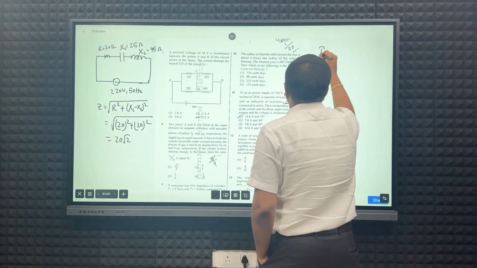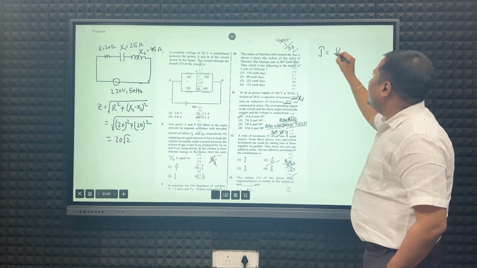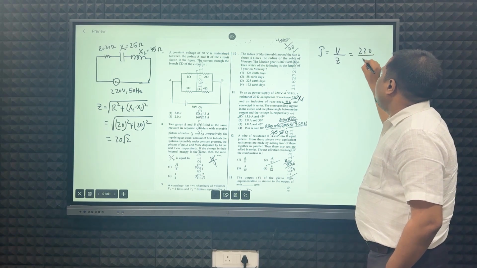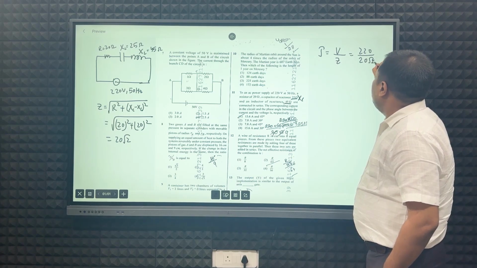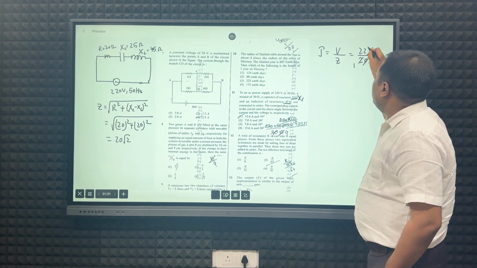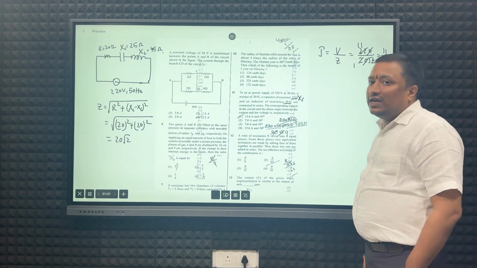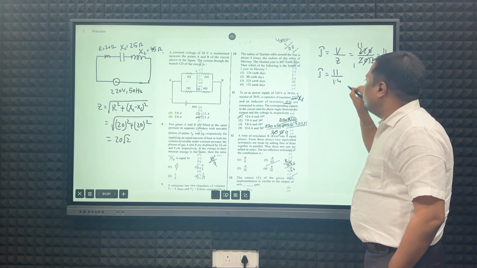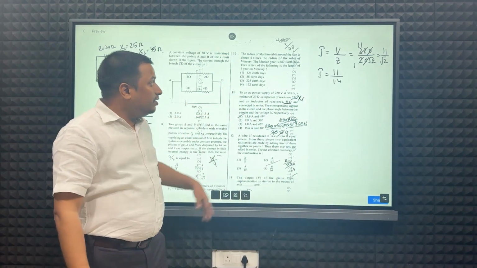But they are asking us current. What will be current? Current will be V by Z. What is our V? 220 by Z. Z value is 20 root 2. 2 cancel. 11 by root 2, so current is going to be 11 upon 1.4.